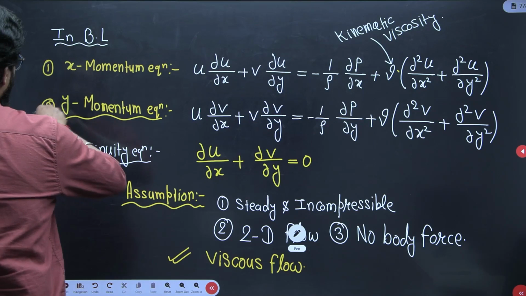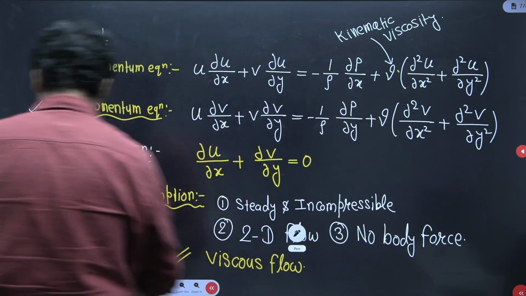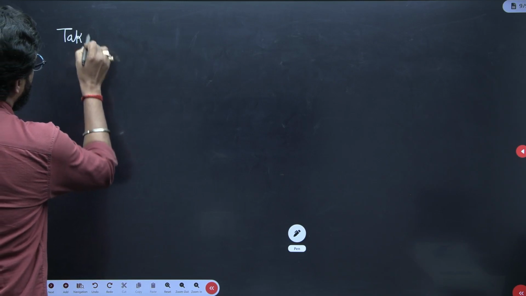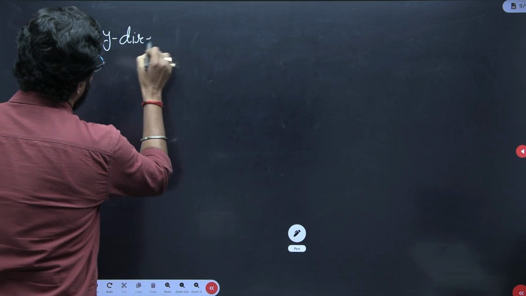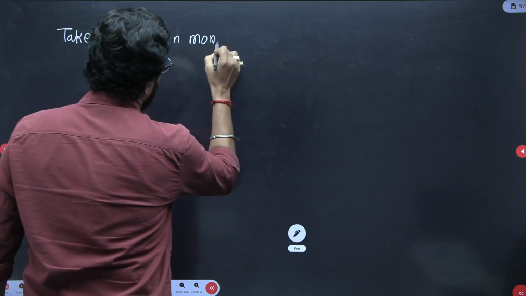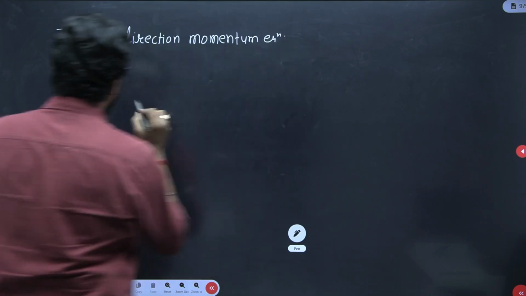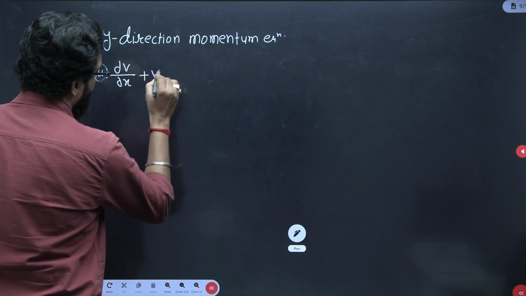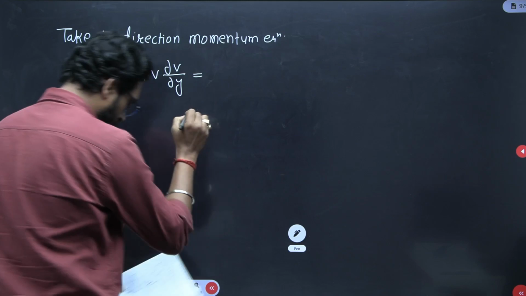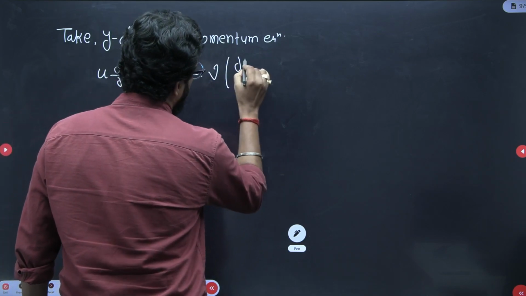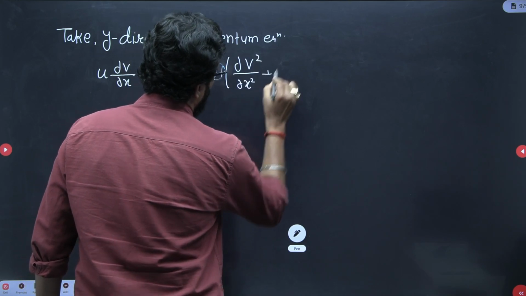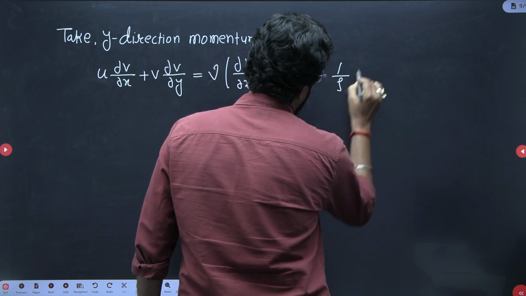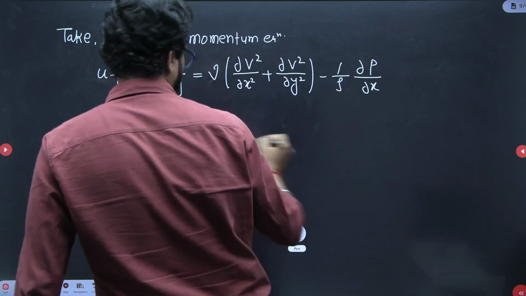It is u dou v by dou x plus v dou v by dou y is equal to kinematic viscosity times dou squared v by dou x squared plus dou squared v by dou y squared, minus 1 by rho dou p over dou y.